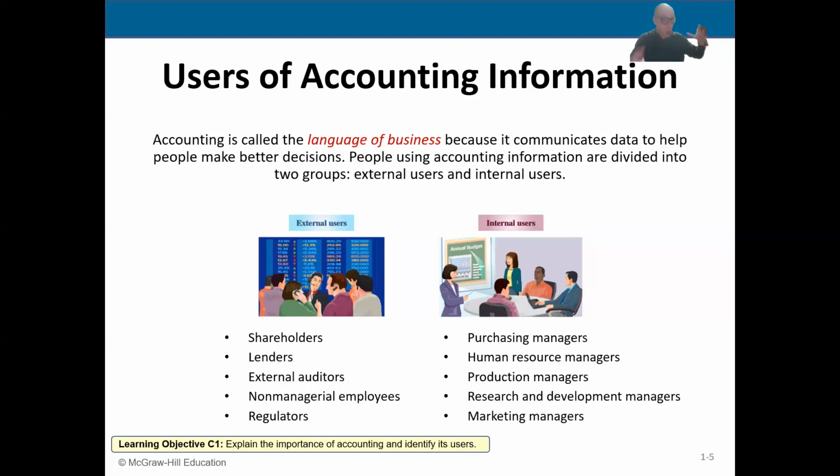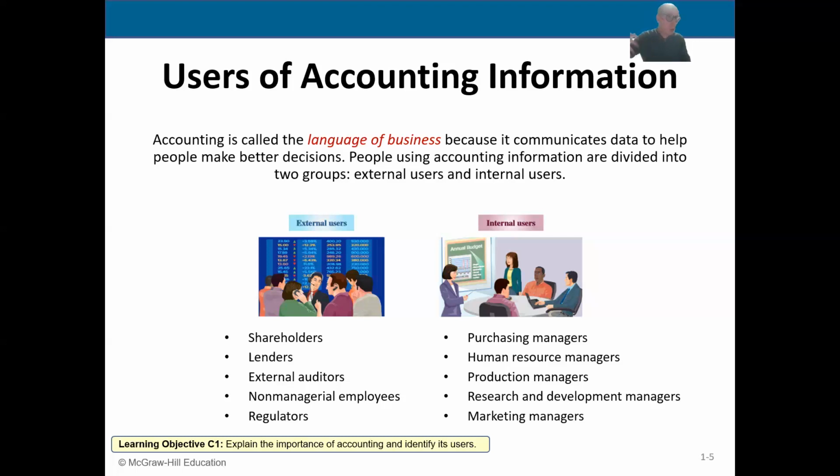Think of the company. External to the company are people outside of the company: shareholders, lenders, auditors, non-management employees, regulators, etc. There's customers, people outside the company. Then we have internal users of financial data.